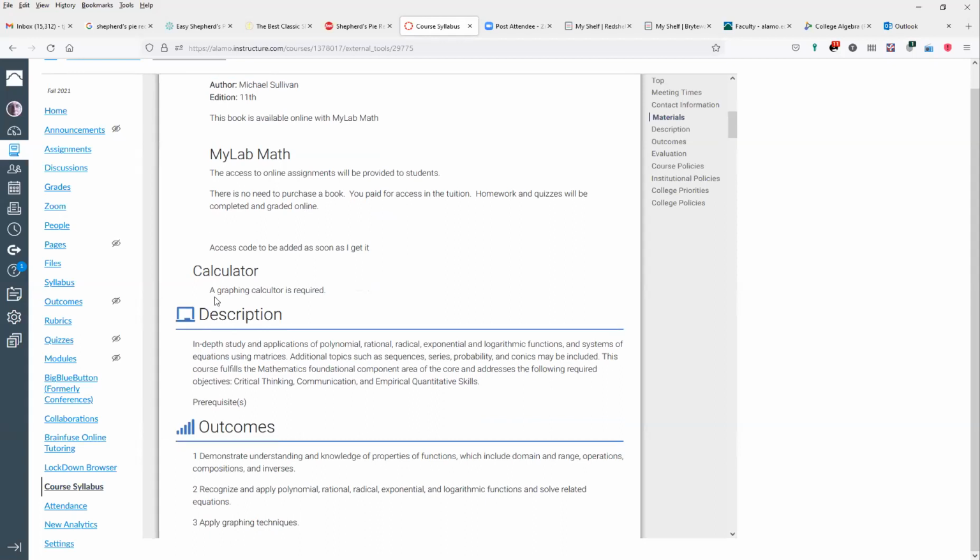The department requires a graphing calculator. I do not. All you need is a scientific calculator. The TI-30A, the basic model is like $10 at Walmart. Casio has one that's similar.